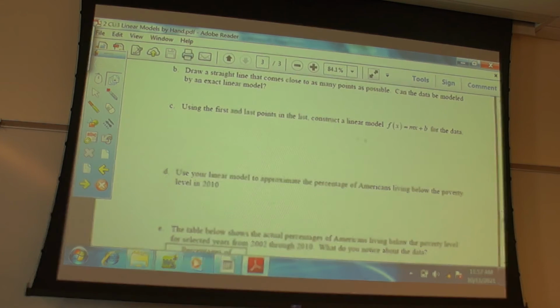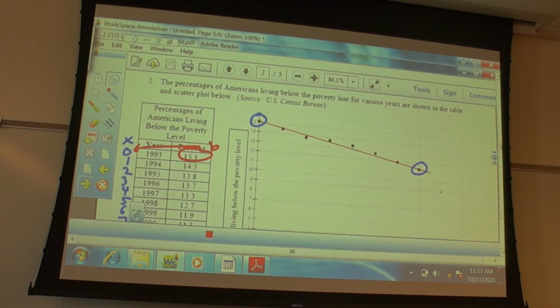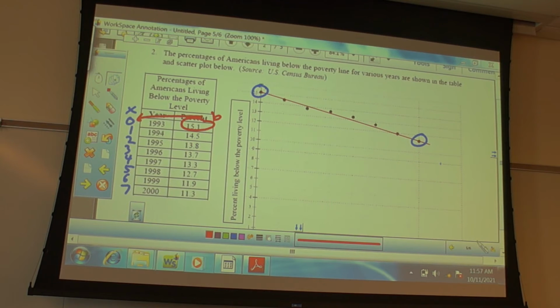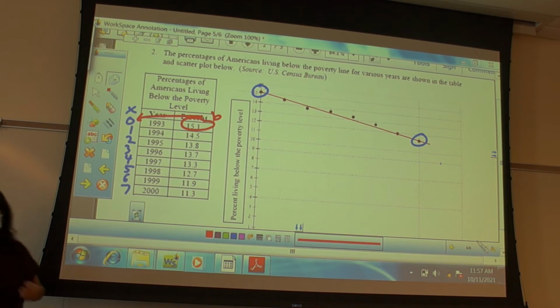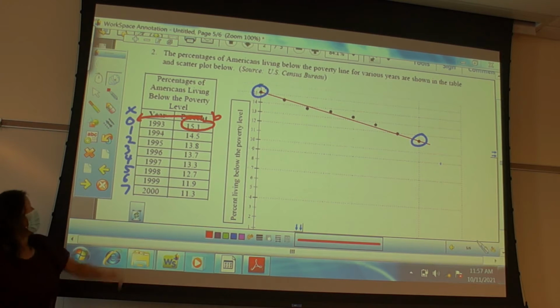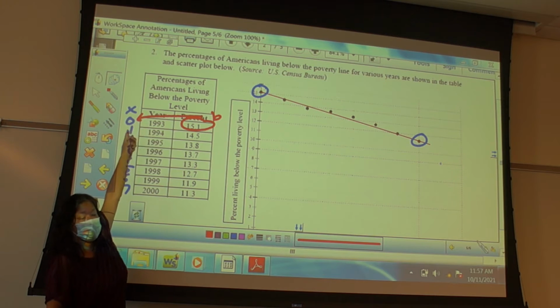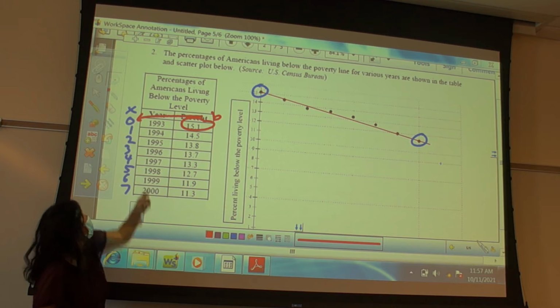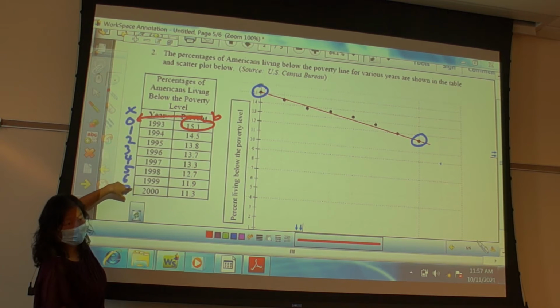So here, I know that my b equals 15.1. And I'm going to take my two points. Don't pick any two points. Hey guys, listen up, this is a common mistake. Do not take the first two points. Take the two points on the line that we drew, the first and the last points.